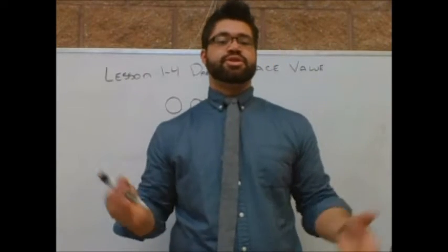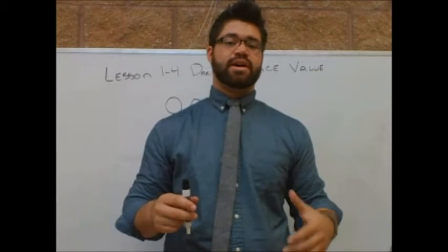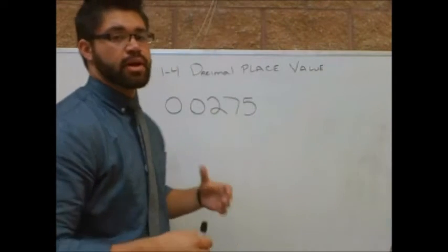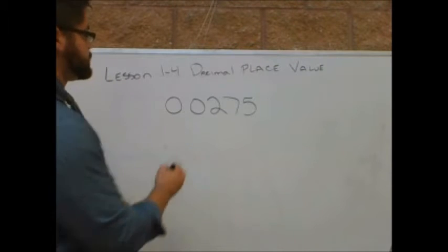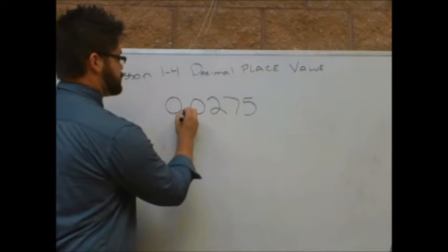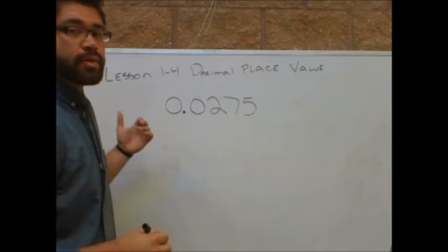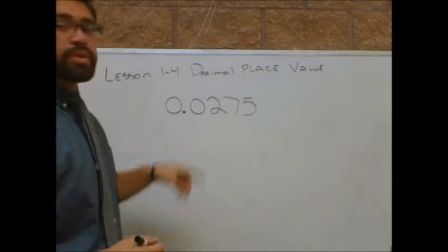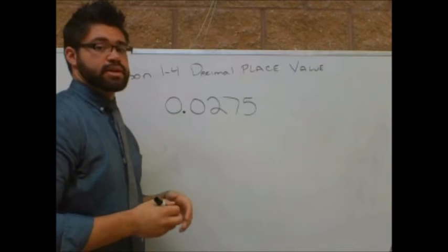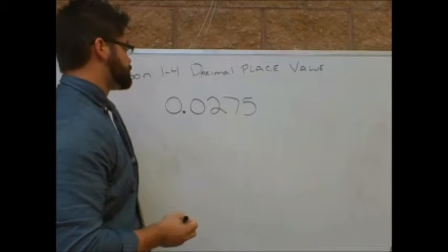So let's look at that number that I just said, 275 10,000ths. I went ahead and wrote it on the board here. As you can see, we've got a decimal this time, so our place values are going to the right instead of to the left. What is the place value directly to the right of the decimal?